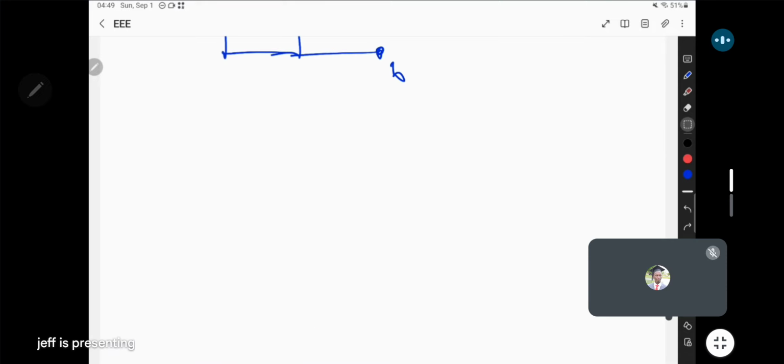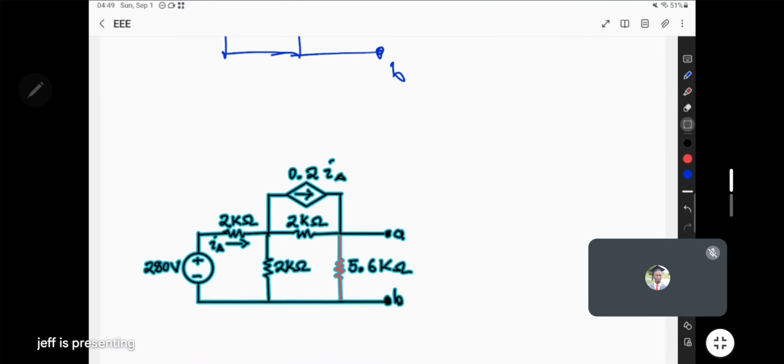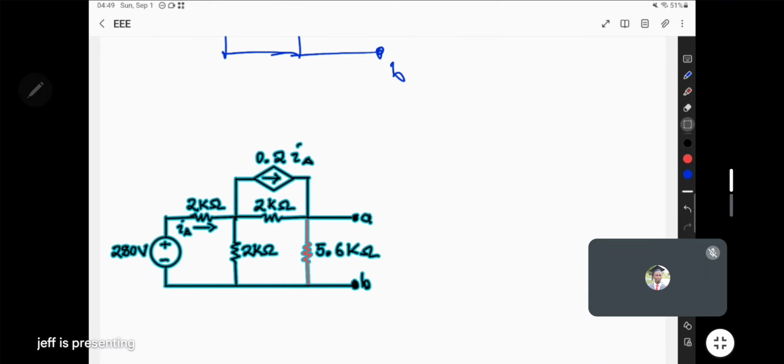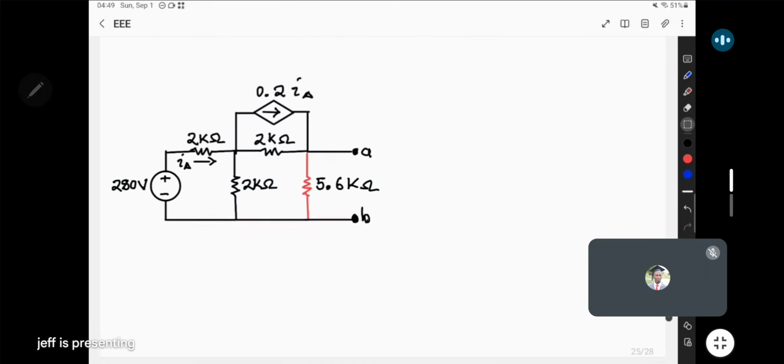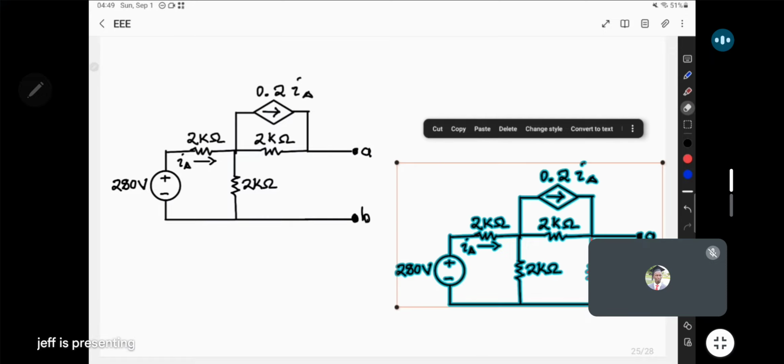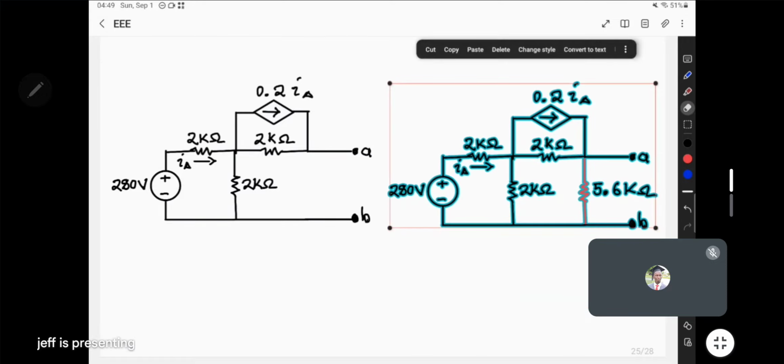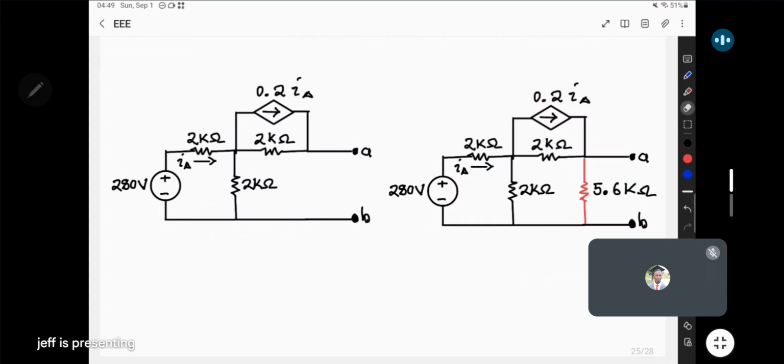And then we'll demonstrate two things here. In the first step, you have to open, so we'll remove the load resistor. We know it's connected between A and B, but we'll remove it. So the load resistor is out. Now we'll show you two cases. In one case, you find I Norton. In the other case, you're finding V Thevenin.